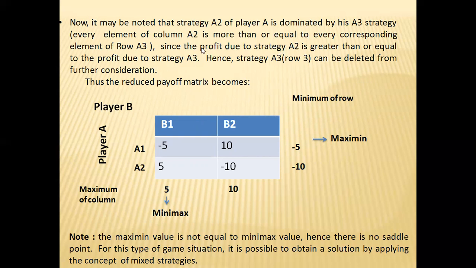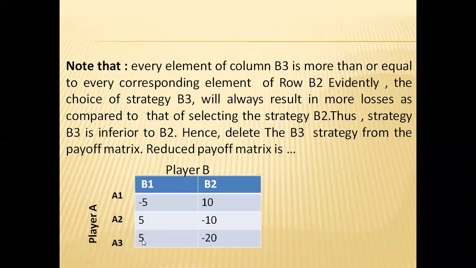It may be noted that A2 of player A is dominated by his A3 strategy, because again the equal constraints are maintained with respect to A2 and A3, and minus 20 and minus 10. So minus 10 is a superior value compared to minus 20, and 5 is an equivalent strategy.